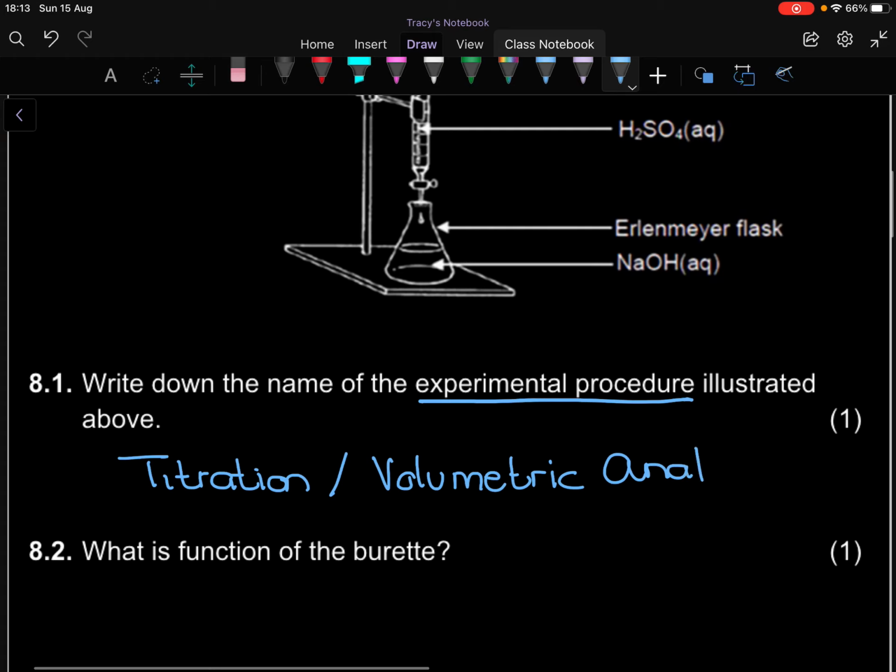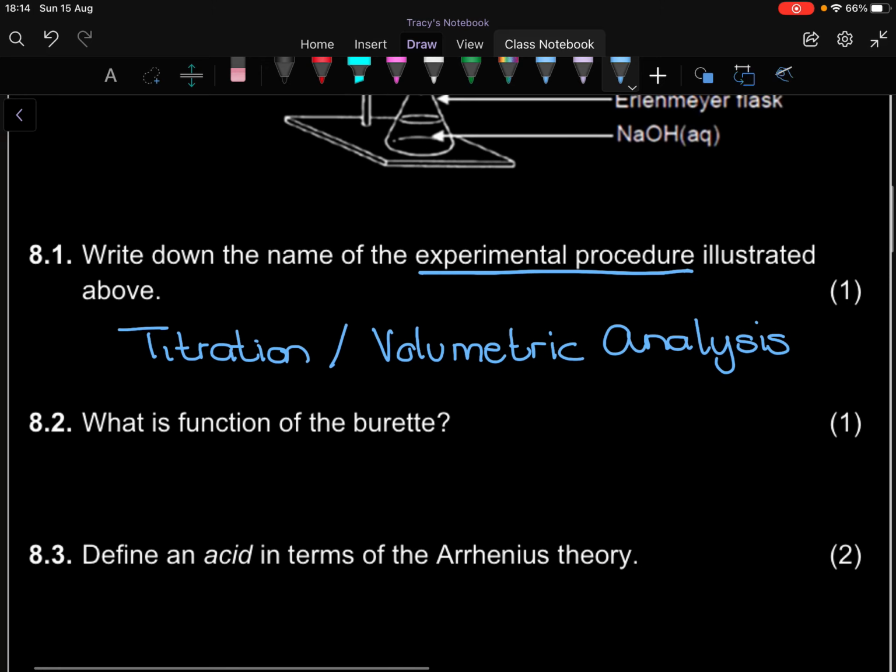And we call it volumetric analysis because we're analyzing an unknown using volume to get to know something about it. Okay? What is the function of the burette?